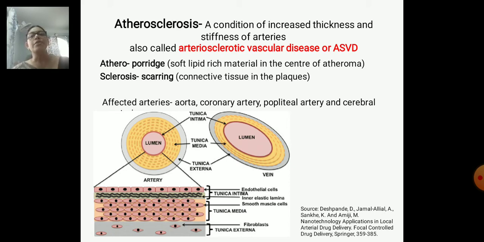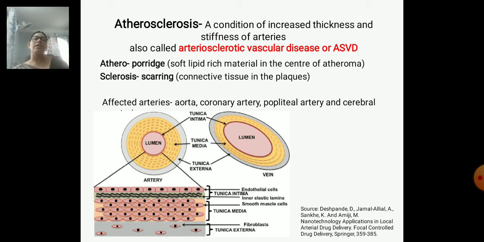Clear? So loss of blood supply or less blood supply against an increased demand, meaning the demand of the tissue is more but the supply of oxygen to that tissue is less, is called an ischemic condition.